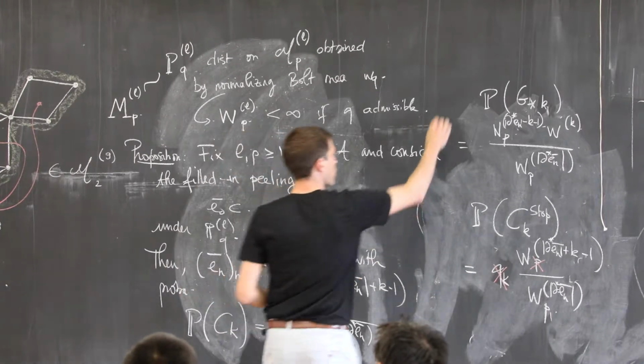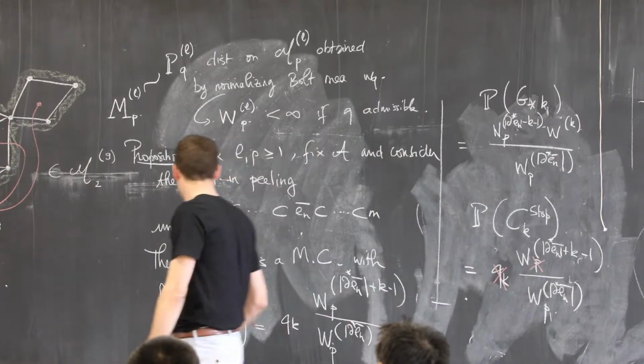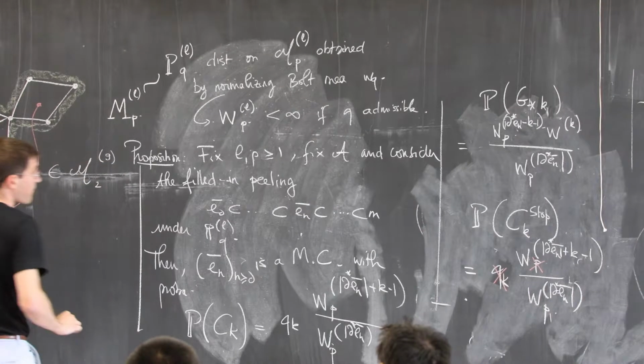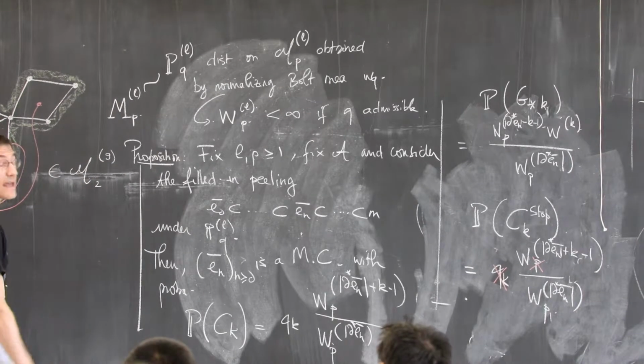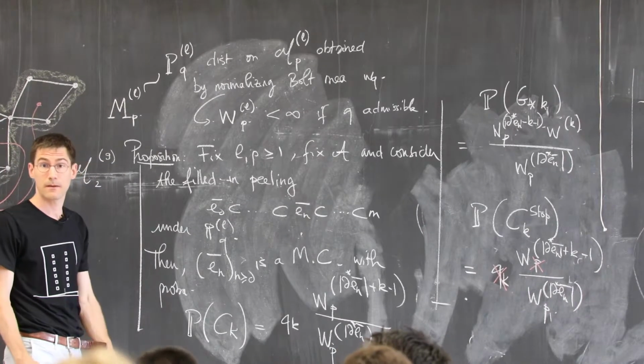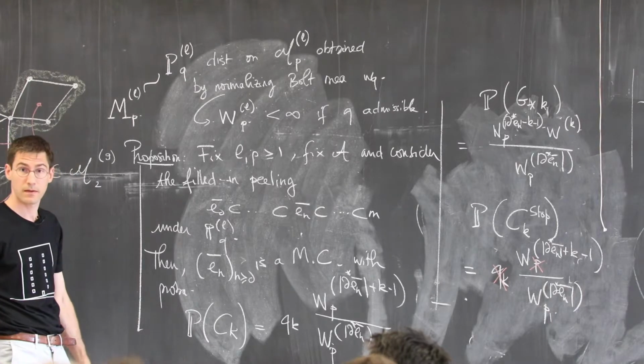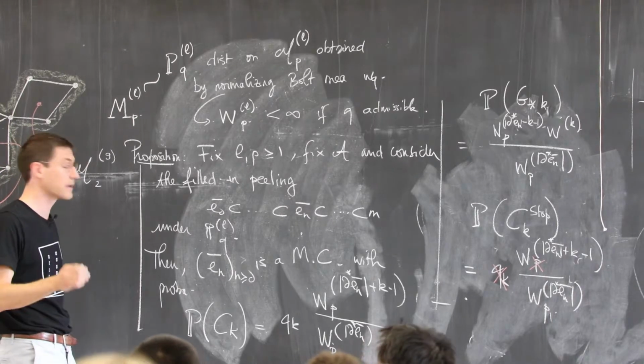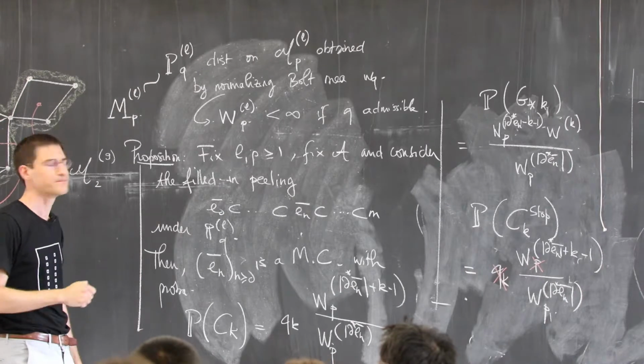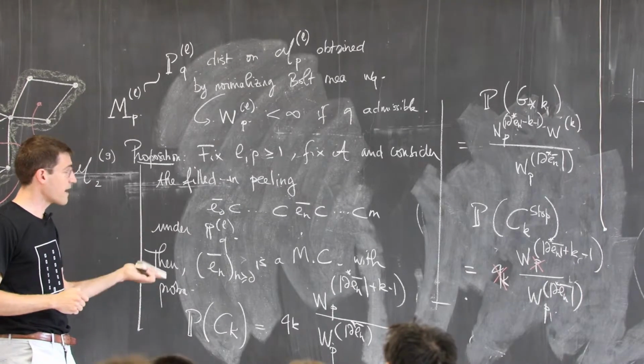So what does that mean? That means that I have a fairly simple Markov chain. Yes? What is the number 2k? We will come to that, because the target face has no weight. So again, it's a Markov chain.